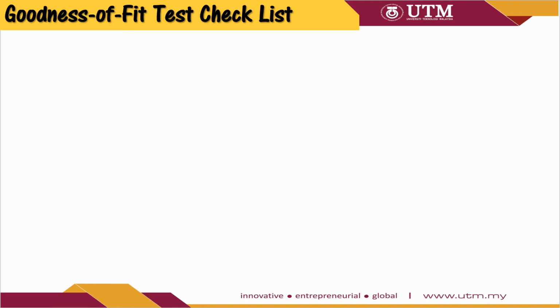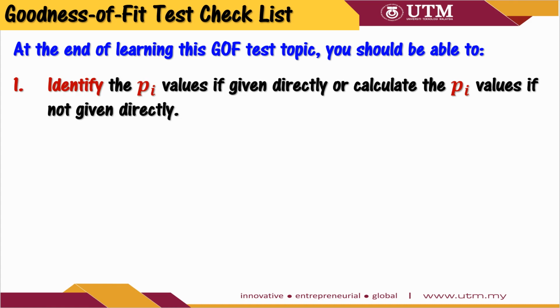We finish with goodness of fit test topic, which is the first out of 3 topics under chapter 5. Let's do a checklist on this topic. At the end of learning this topic, you should be able to first identify the PI values if these values are given directly. If not, you must know how to calculate the PI values based on the distribution assumed under the null hypothesis H0.